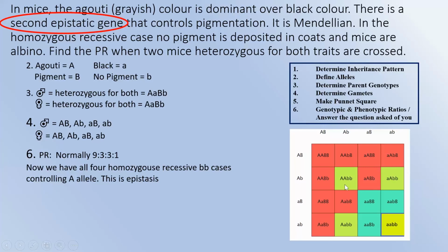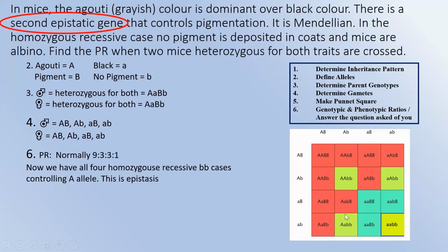Normally, these ones would be agouti, right? Because they have the capital A. But this A allele does not matter whatsoever when you have 2 lowercase b's, because that means you don't have any pigment at all. So this case would normally be the one lone double recessive case, but it's going to look the exact same as these 3 other cases, because in any of these cases you just don't get pigment.